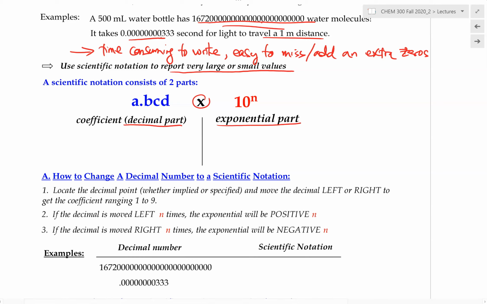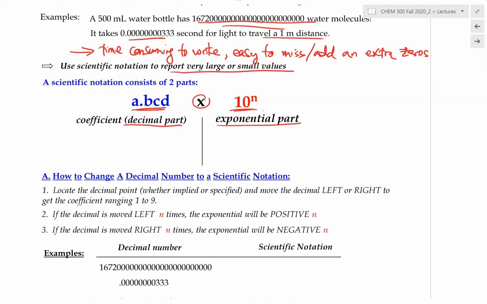Please remember that scientific notation is a single value, but it consists of two parts. Technically, it is one single value, but mathematically it is equal to the two parts multiplied together. However, it should be treated as one single value.